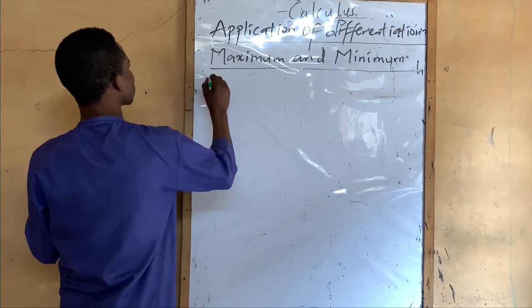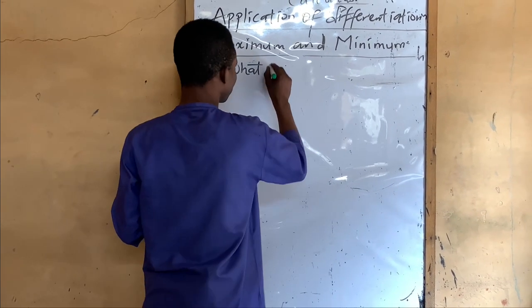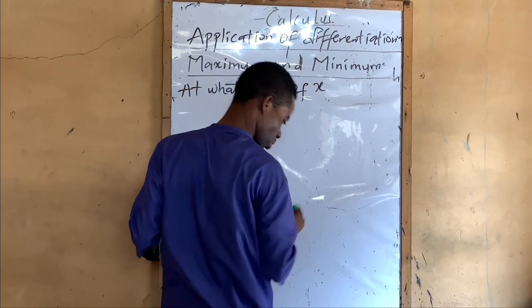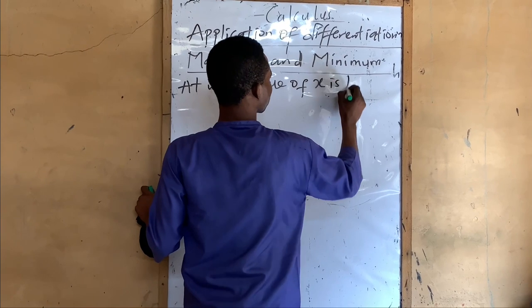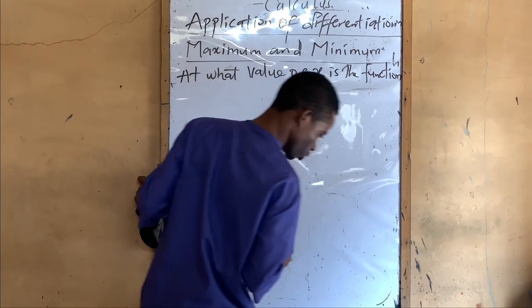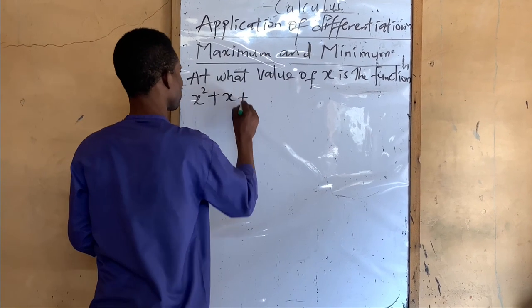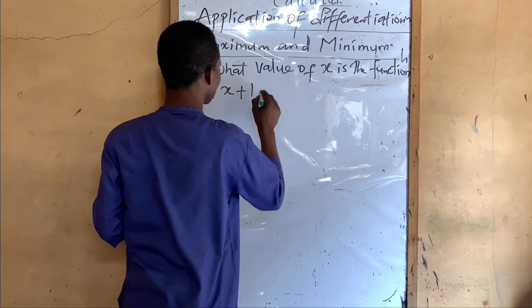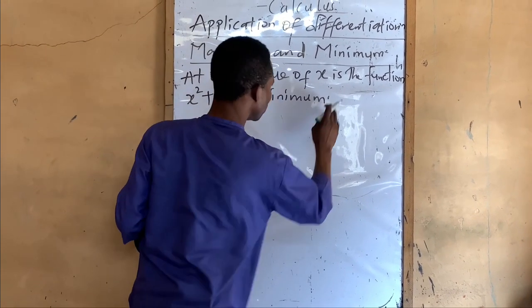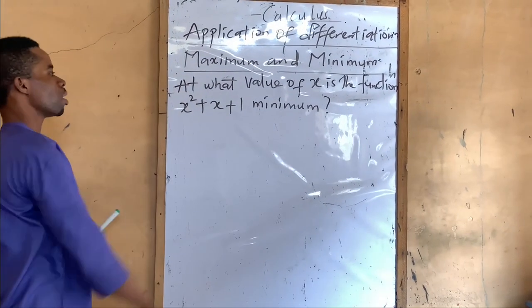At what value of x is the function x squared plus x plus 1 minimum? Now let's look at this. It said, at what value of x is the function minimum?